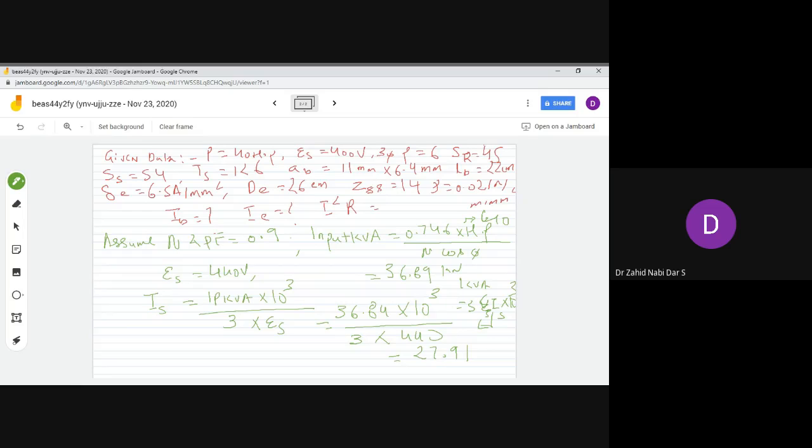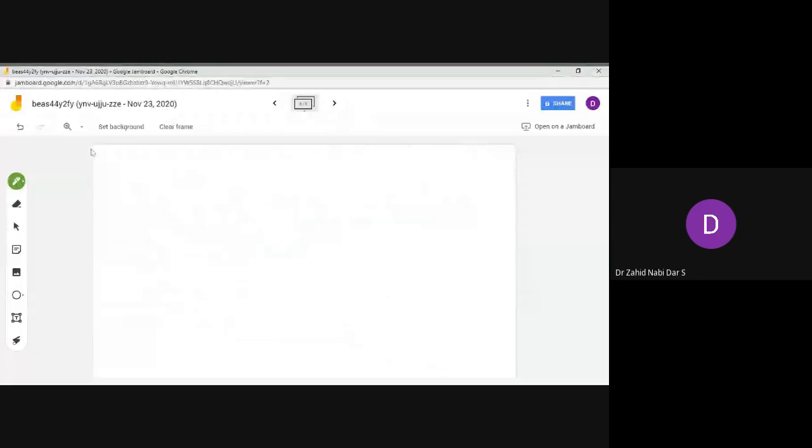So once you got this value, now you need to calculate the bar current. The rotor mmf is 85% of the stator mmf.